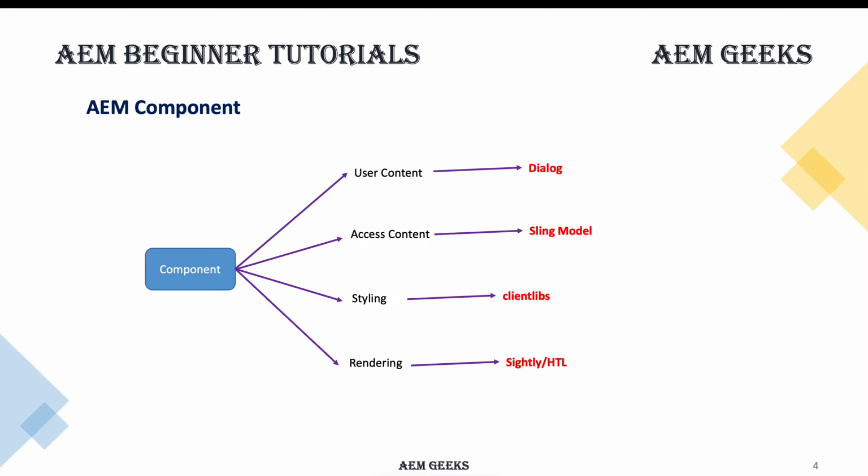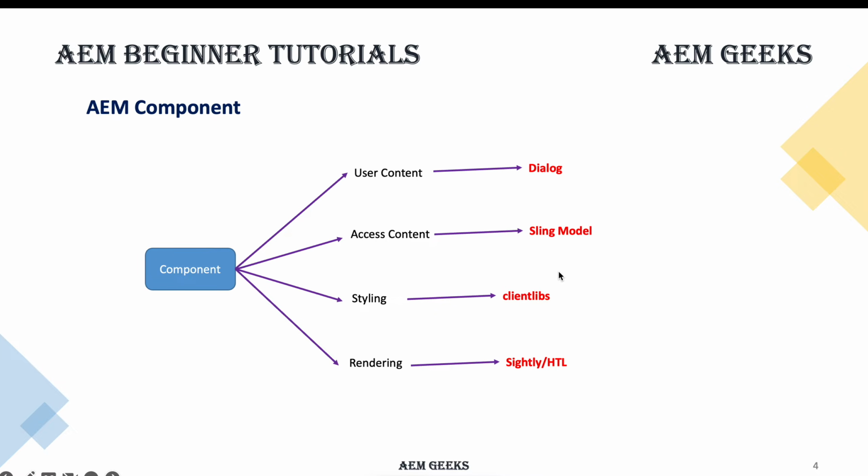This language is simple HTML, but it has placeholders so that the content that comes with the Sling model is placed in those placeholders and becomes available to the page. We have styling in this as well. All these things together render the content in a component.